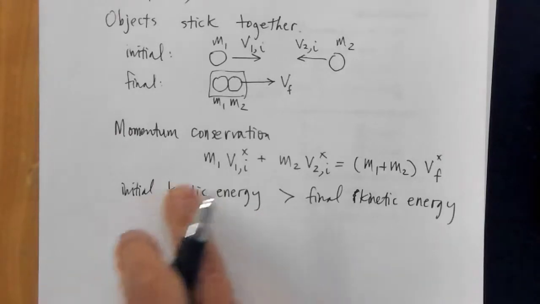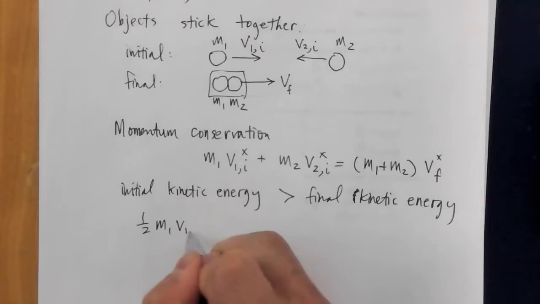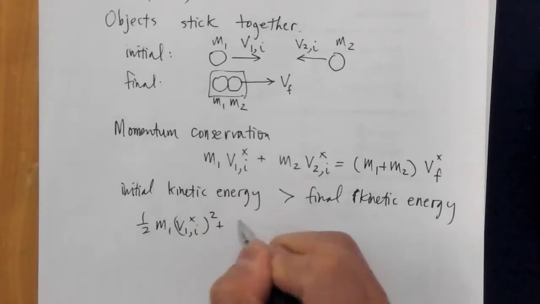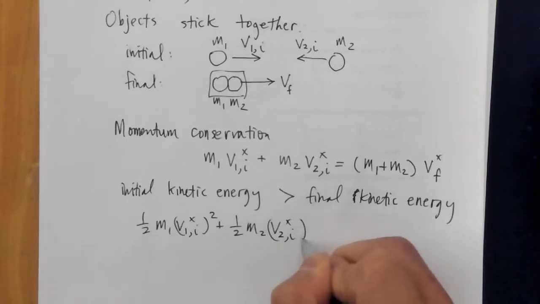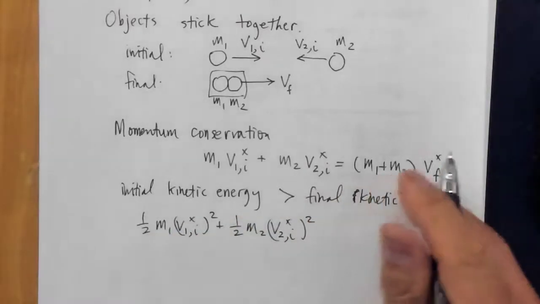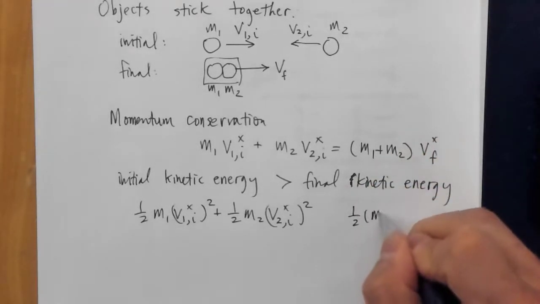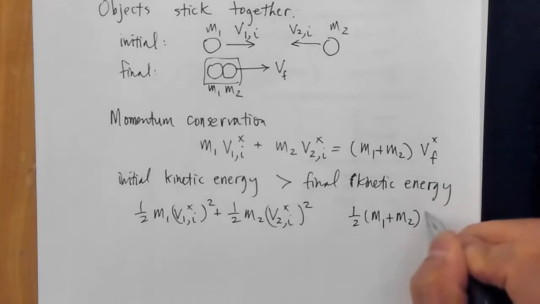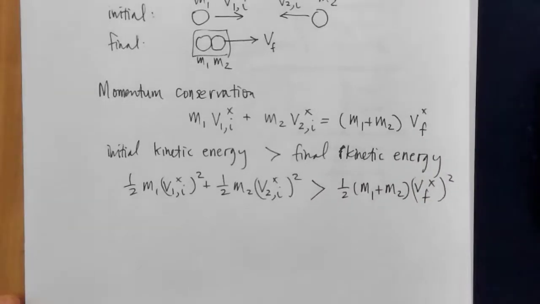The initial kinetic energy is 1/2 m1 v1ix squared plus 1/2 m2 v2ix squared, where the final one is 1/2 of both masses together, m1 plus m2, times v final x squared. So in general, there will be some loss of kinetic energy. The typical question will be how much energy is lost.